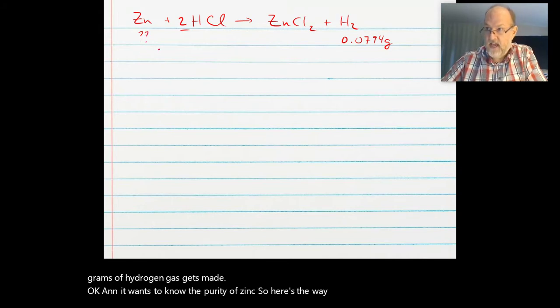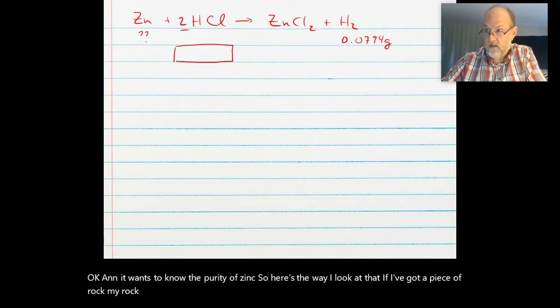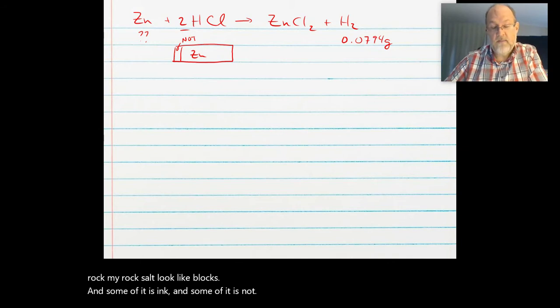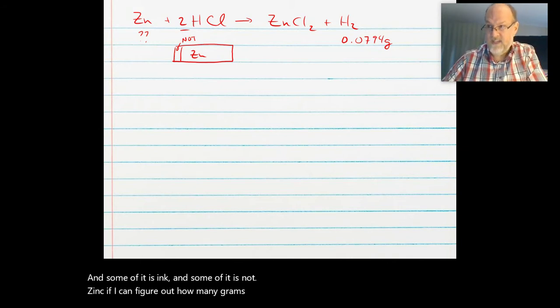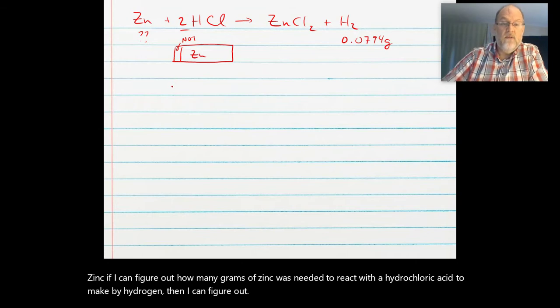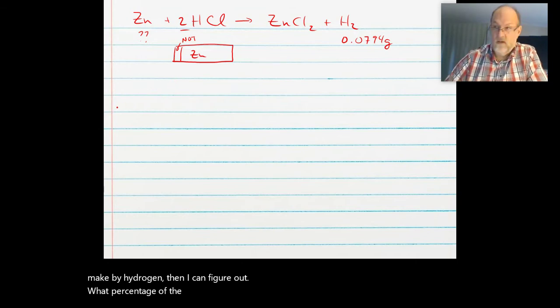If I've got a piece of rock, my rocks all look like blocks, and some of it is zinc, and some of it is not zinc. If I can figure out how many grams of zinc was needed to react with the hydrochloric acid to make my hydrogen, then I can figure out what percentage of the whole rock was zinc.